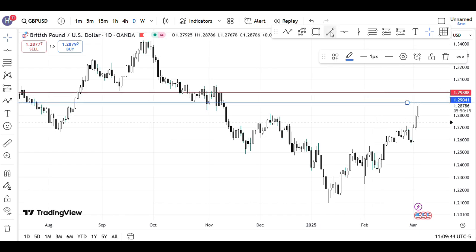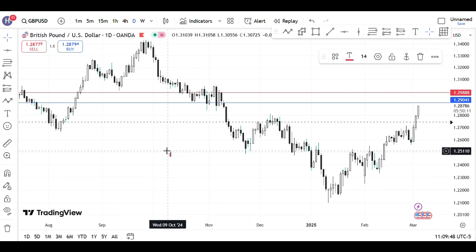If you go to an exchange company, their selling price of USD may be 1.29. They buy USD from you at maybe 1.28, or 1.27.